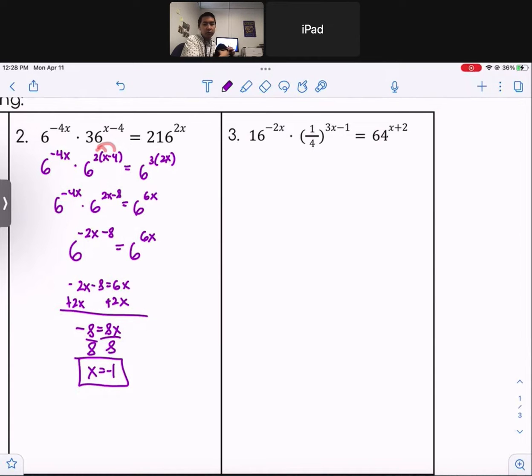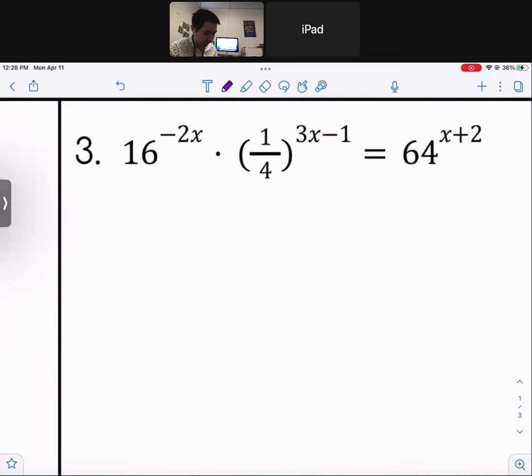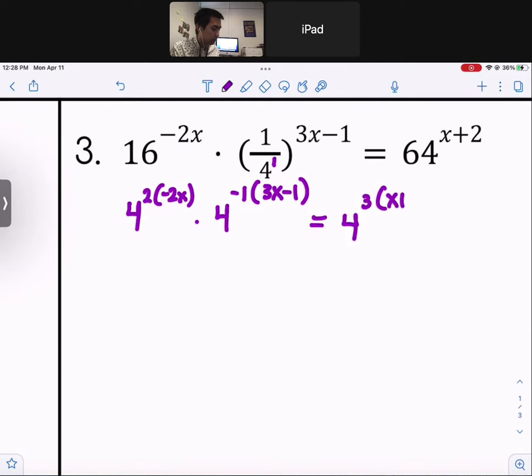So 4 to the second times negative 2x. Now this is really 1 over 4 to the first. We bring 4 to the first up top, but the exponent becomes the opposite, so 4 to the negative 1, times 3x minus 1, and 4 to the third is 64, times the x plus 2.